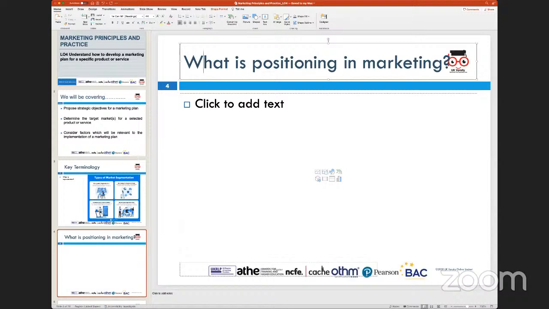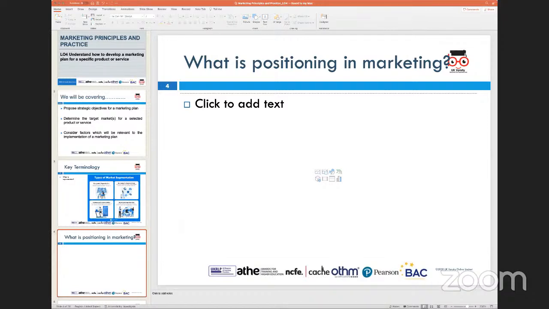Positioning can be defined as a strategic exercise that a company undertakes to find out whether its product or service is going to find a place, or is able to fulfill a consumer demand or preference in the market.